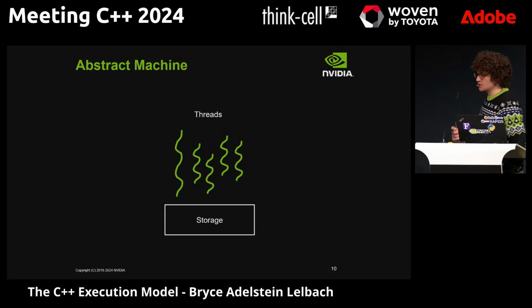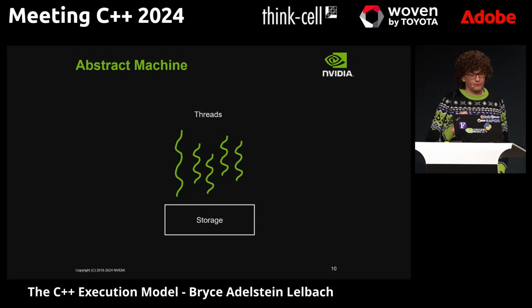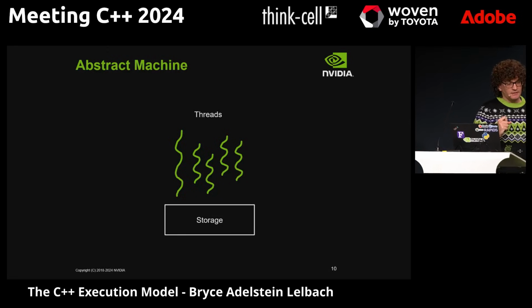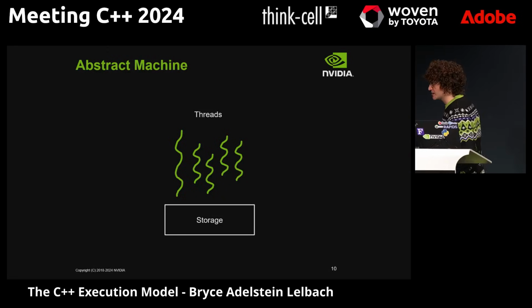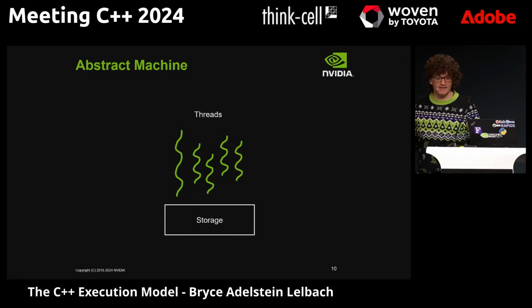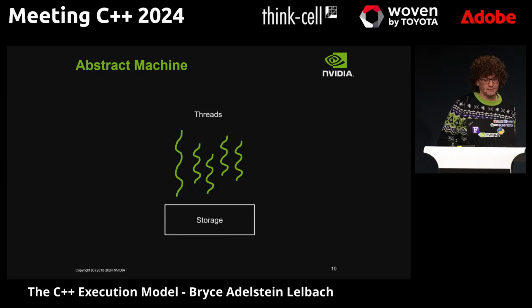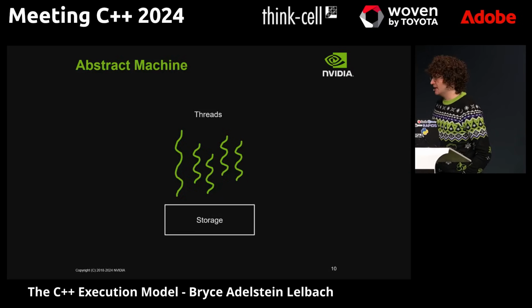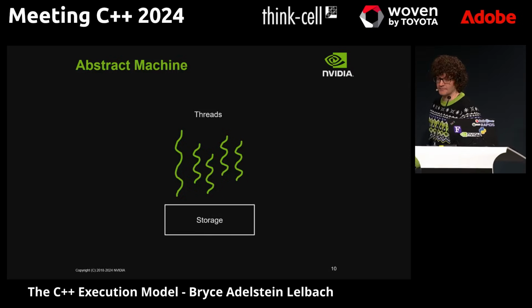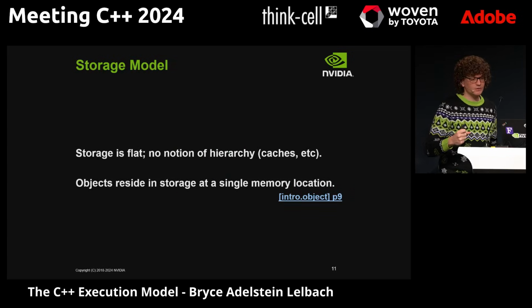So the abstract machine's model is actually pretty simple. It is a collection of threads executing operations on objects that reside in a flat global storage. So there's two key components here: storage and threads. So the storage is flat.